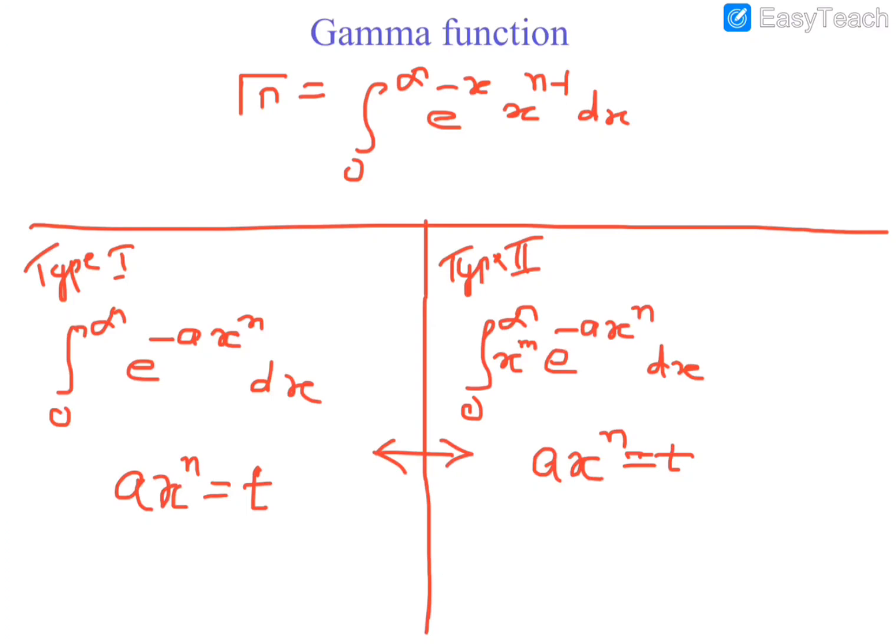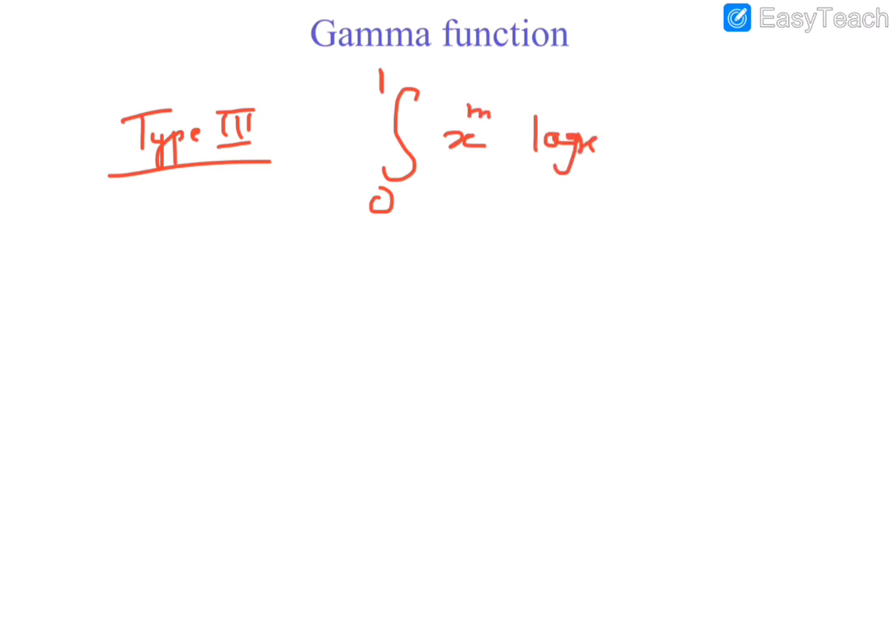Now the type 3 questions. In this type of question the limit has changed from 0 to 1, and the integrand is x raised to the power m into log of x raised to the power n dx.